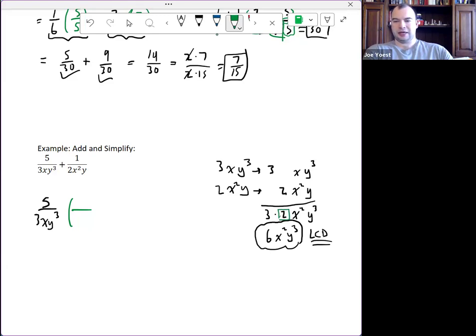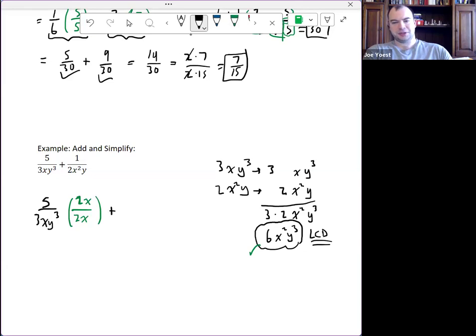The x needs to multiply by another x to make the x squared, and the y cubed is already taken care of. So I think I need a 2x here. That'll give me 3 times 2 is 6, x times x is x squared, y cubed. That is exactly my LCD that I'm looking for. Now if I multiply by 2x on the bottom, I better multiply by 2x on the top as well.